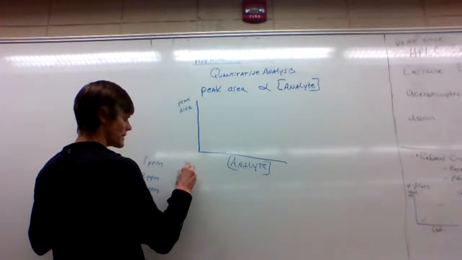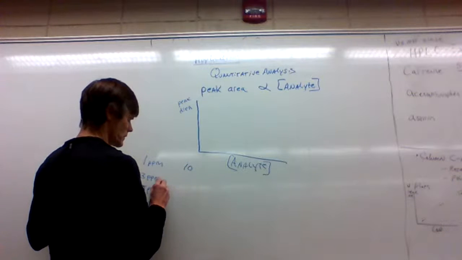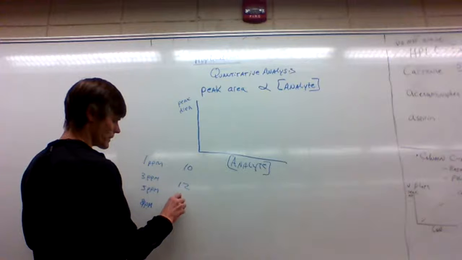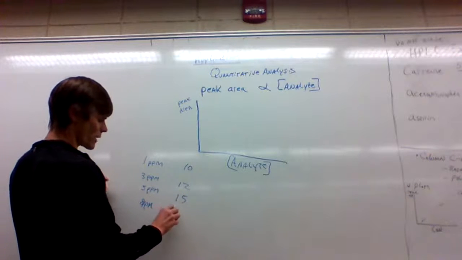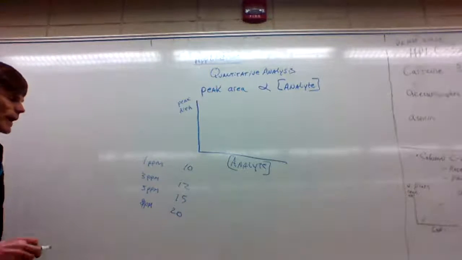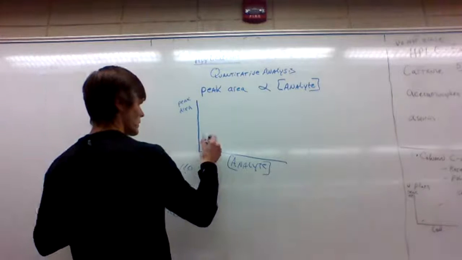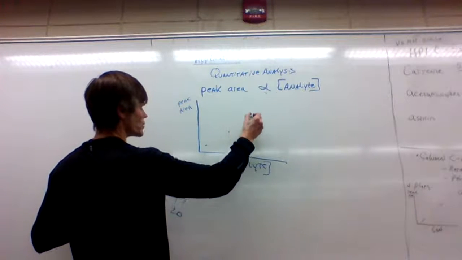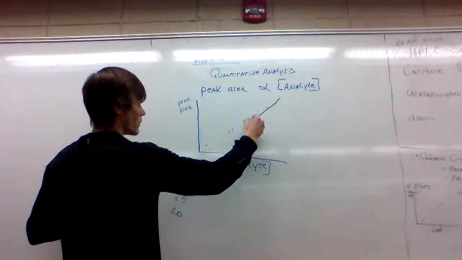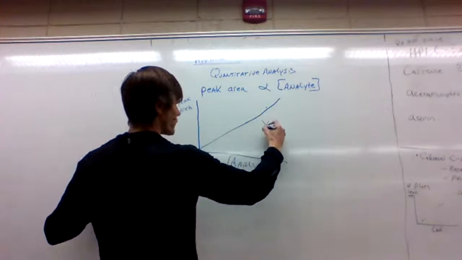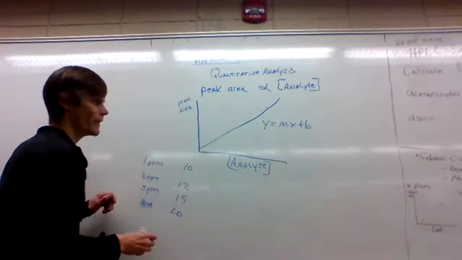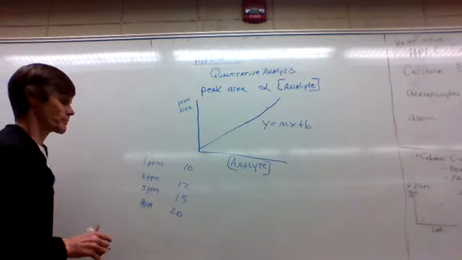What if this one had a peak area of 10? This had a peak area of 12. This one was 15, and this one was 20. You would create a calibration plot of peak area versus analyte concentration, generate your graph, and then you would take your unknown.